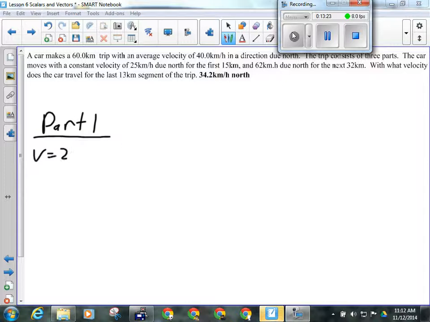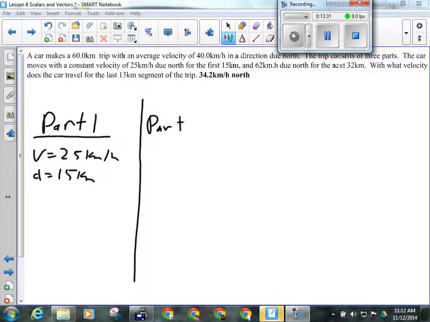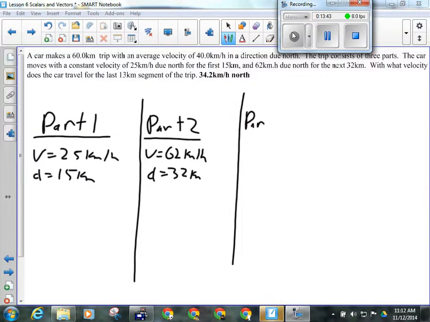So v is 25 kilometers per hour, d is 15 kilometers. In part 2, we've got 62 kilometers per hour and 32 kilometers. In part 3, all we know is 13 kilometers.